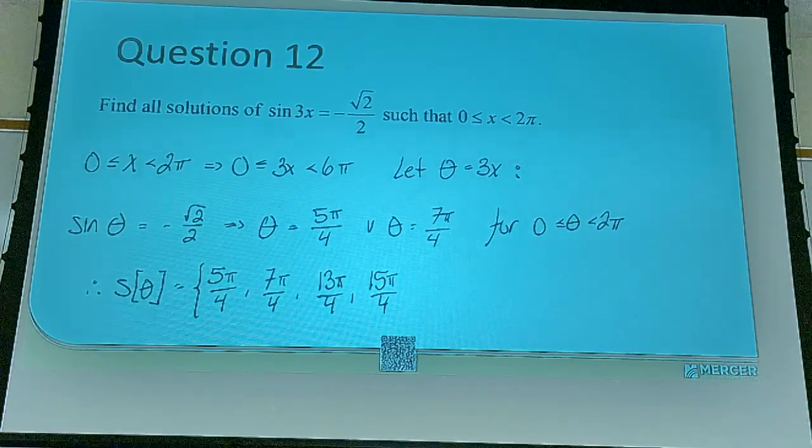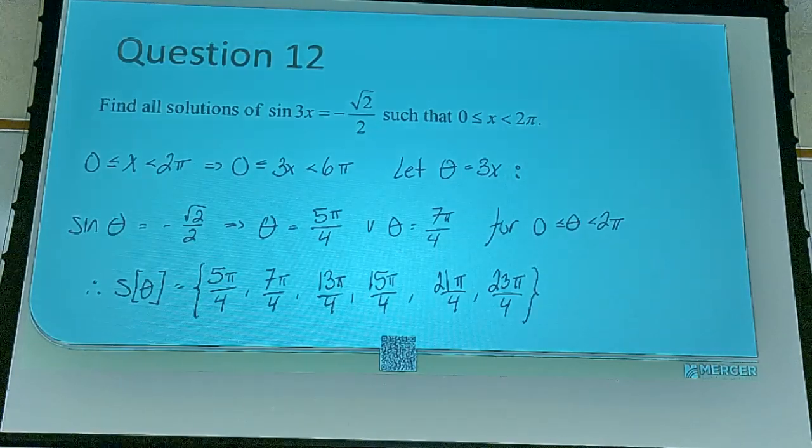Add 2 pi again. We're now between 0 and 6 pi. And those are the 6 ones.